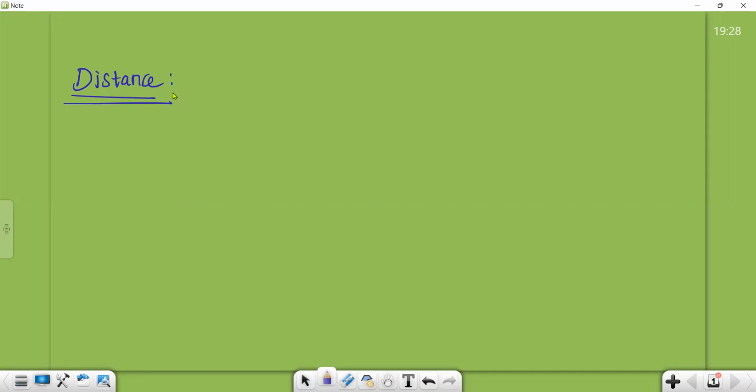See here, suppose I'm at point A and I moved from A to B in a particular time, suppose I took 10 minutes. The path actually traveled by a body in a given time is called distance. Got it?